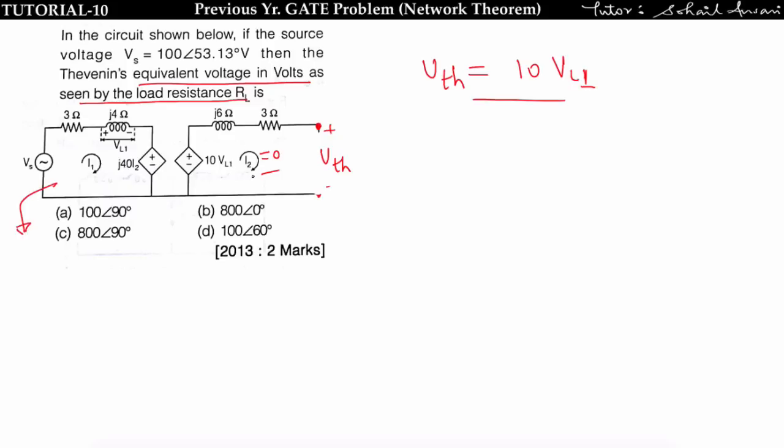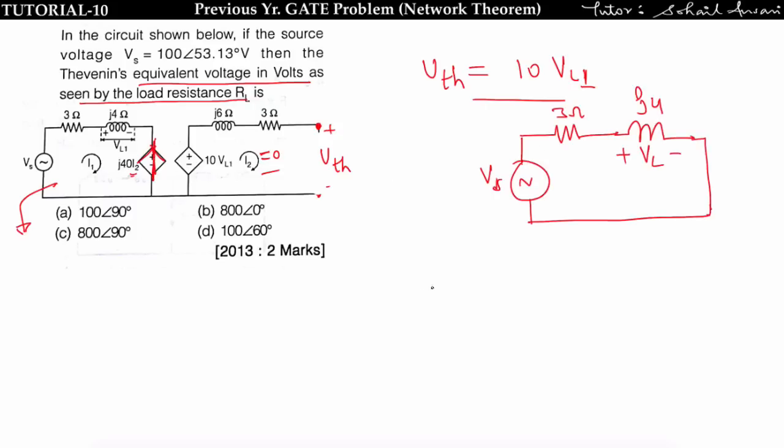Since the current I2 is 0, and this dependent source depends upon I2, this voltage source is 0, which means it is short circuited. So draw the equivalent circuit. First find the current.